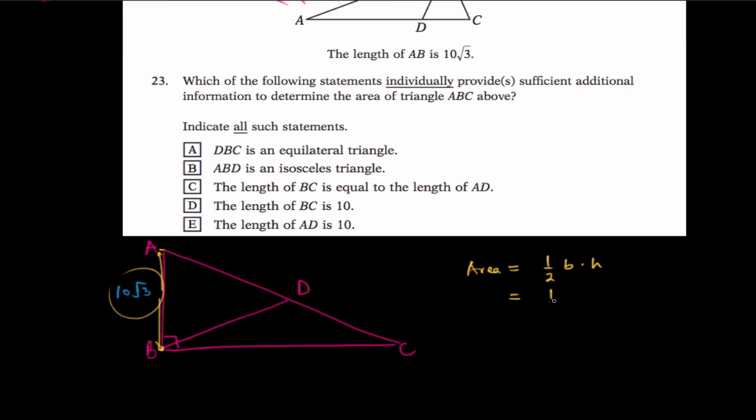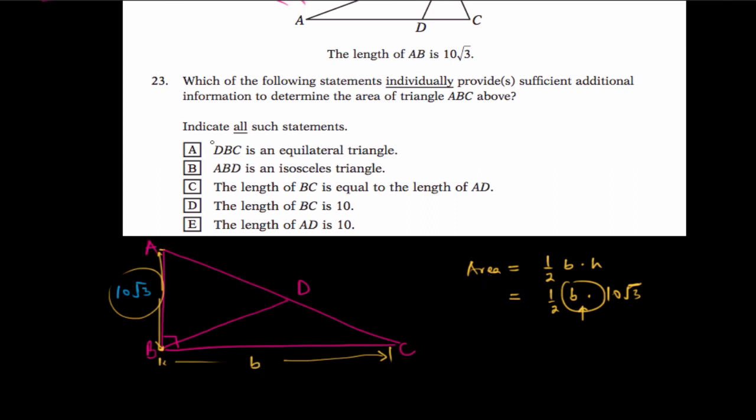So this is going to be half base times 10 root 3. So all I need to find the area of this triangle is just the base. That is BC. So my base, I'm going to call it B. So if I can find B, then I can find my area.